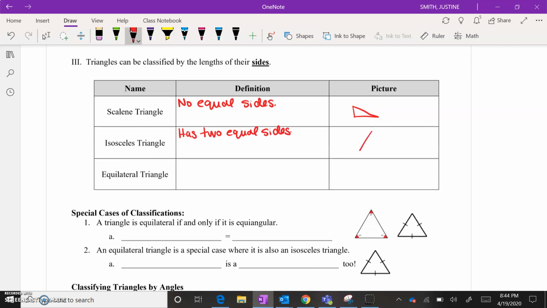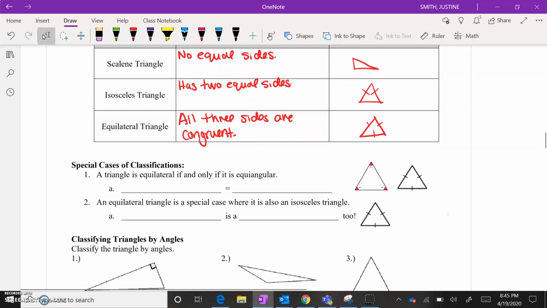Okay, so that would mean I would have these two tick marks, so I know that these two sides are equal. Okay, in an equilateral triangle, all three sides are equal or congruent. Okay, so again, in my picture here, I would have a marking on all three sides, so I know that all three sides are congruent.